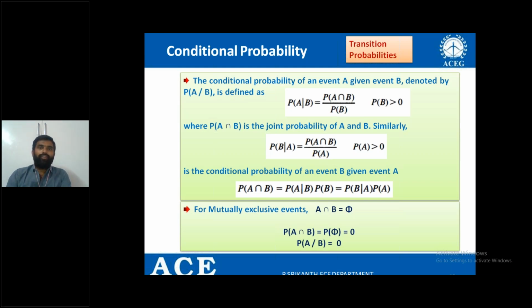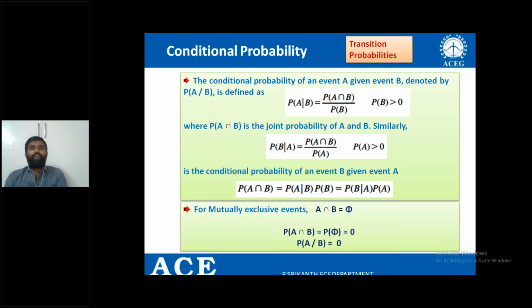So if there is no dependency of event A on event B, that is, if A and B are mutually exclusive, or the intersection of the two events is a null set, then the conditional probability becomes 0, right?